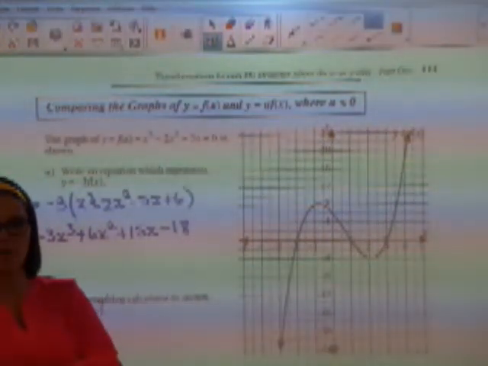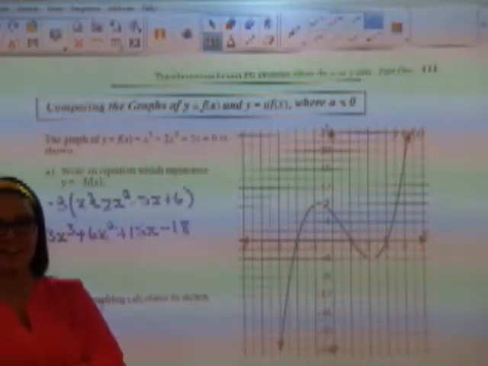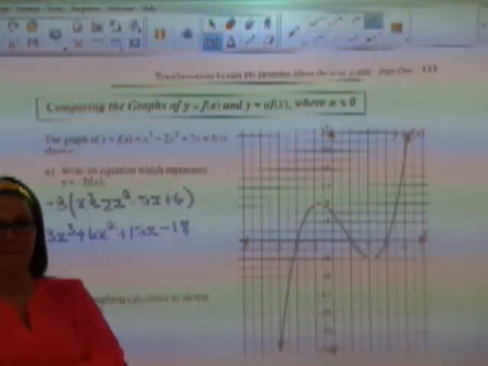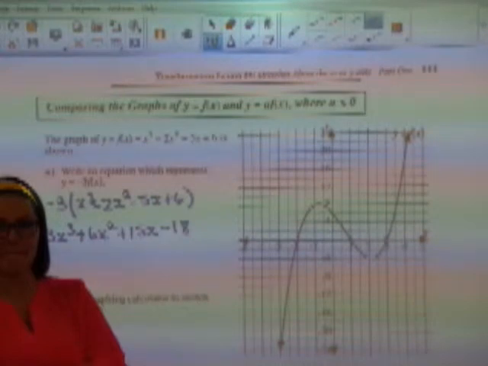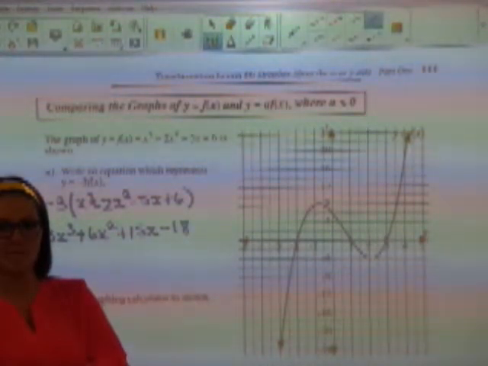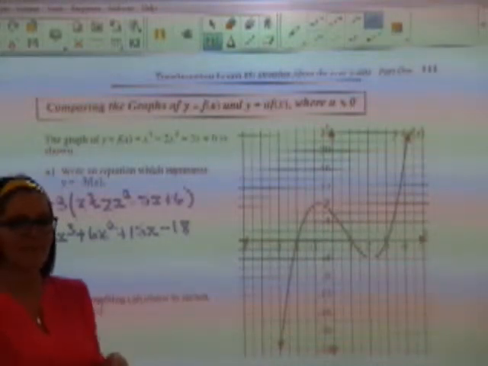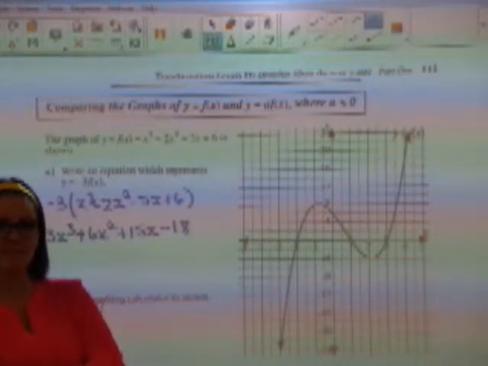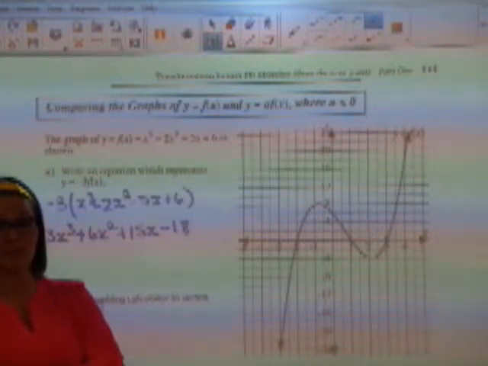You've got the picture in front of you. You know what it did. Well, it looks like it got reflected down, but then it got stretched too. That's exactly what happened. So I have two things going on.